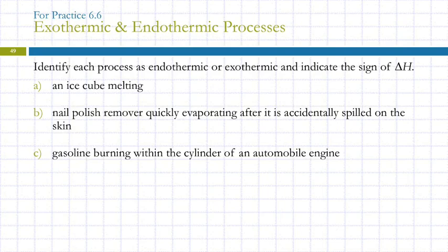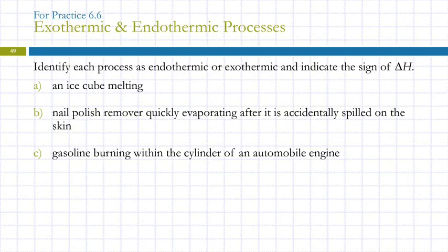So identify each process as endothermic or exothermic and indicate the sign of delta H. First, an ice cube melting. Is the ice cube taking in energy or releasing energy? We might say, well, I'm not really sure.